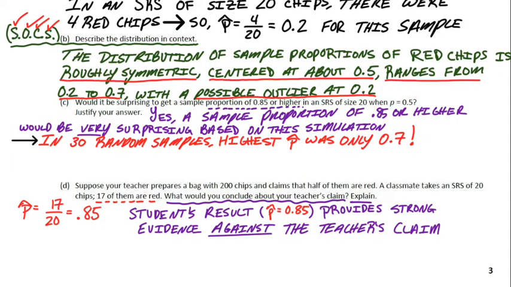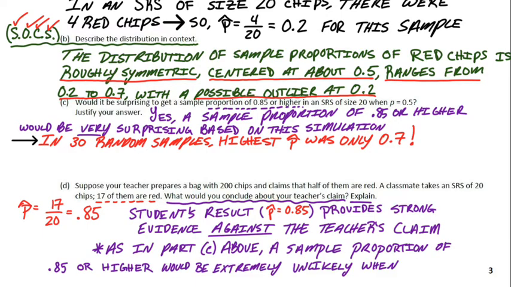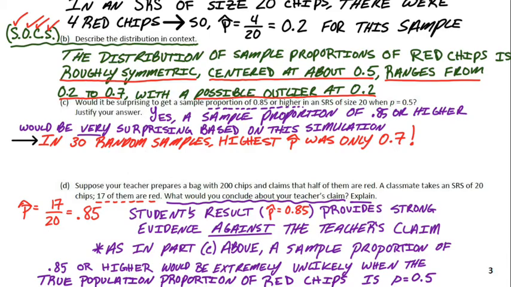So for this example, we don't know what the teacher loaded the bag with, but if a kid got 0.85, right, your classmate pulls 17 out of 20 to be red, right away that gives us cause for concern. We don't think it's actually 50-50. And why are we making that claim? Well, we already mentioned in Part C, a sample proportion of 0.85 or higher would be extremely unlikely if the true population proportion was actually p equals 0.5.